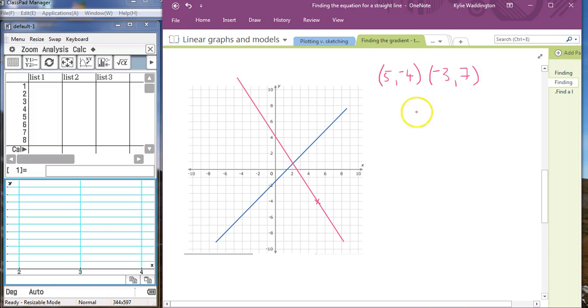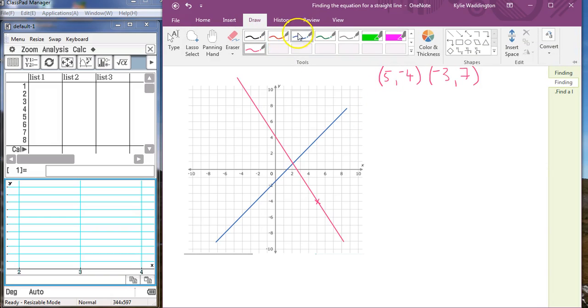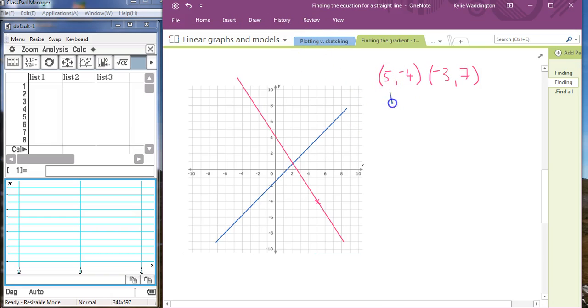Now this one is going to be a negative graph. I'm going to just do it by hand and then I'll do it in the calculator afterwards. So we've got point 1, point 2. The negatives are going to be unavoidable in this instance, so really don't stress over which is point 1 and which is point 2.